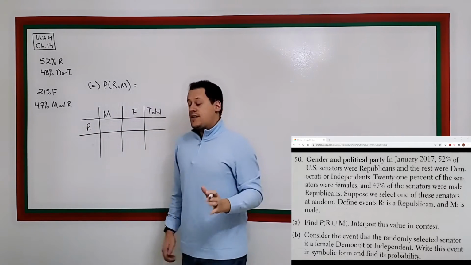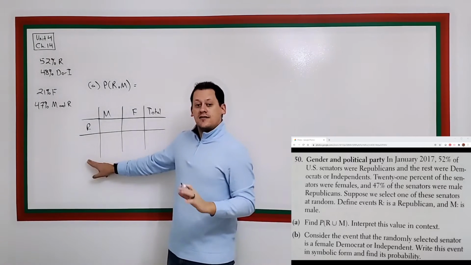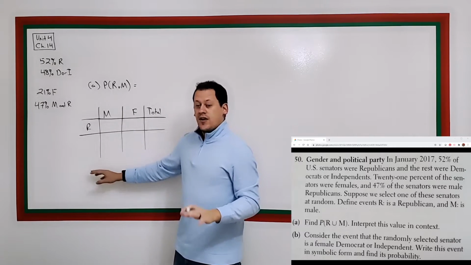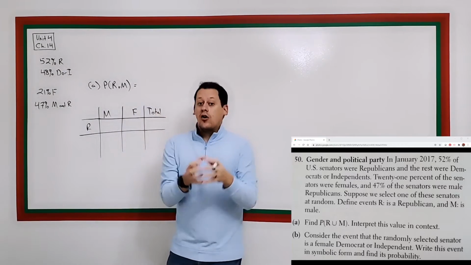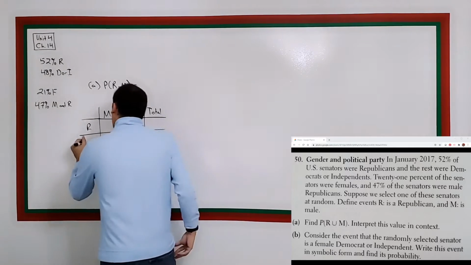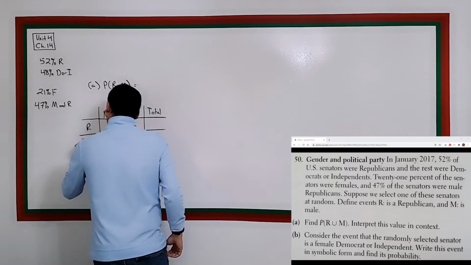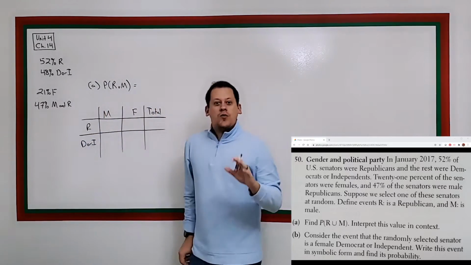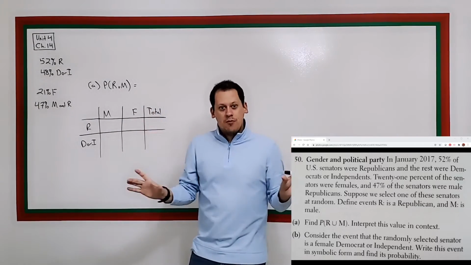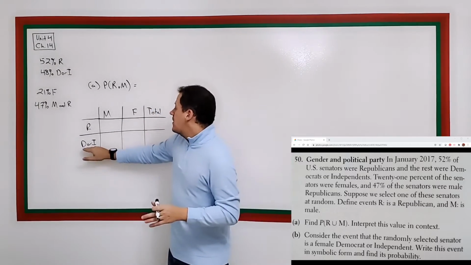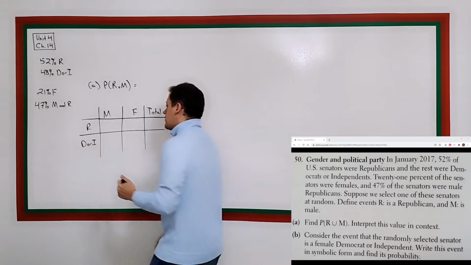Now, it would be a mistake to put Democrat and Independent on separate rows here, because in the information we're given, Democrat or Independent was all lumped together. So that's the way you should display it here. And I know when we're talking about probabilities, or usually means or of two separate things, but here, these are all being lumped together, so we'll treat them as one.